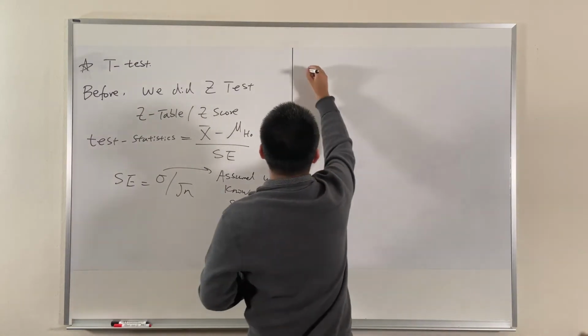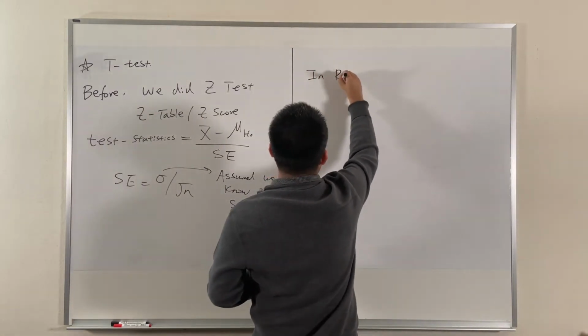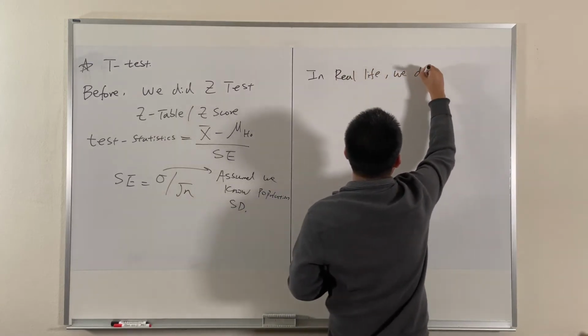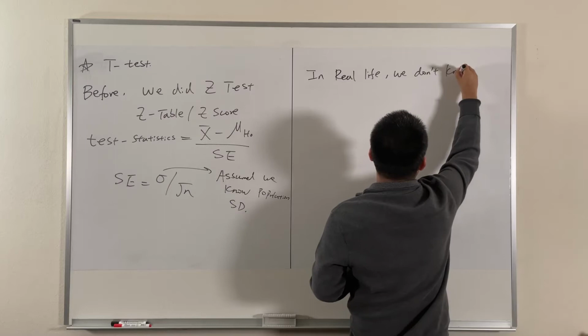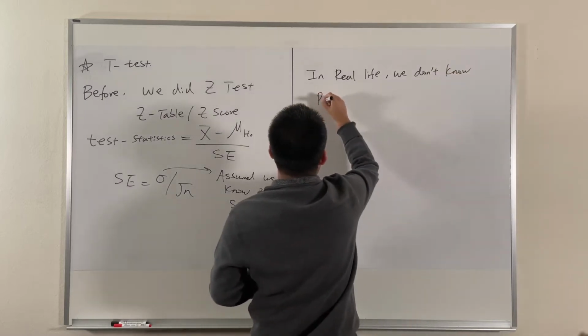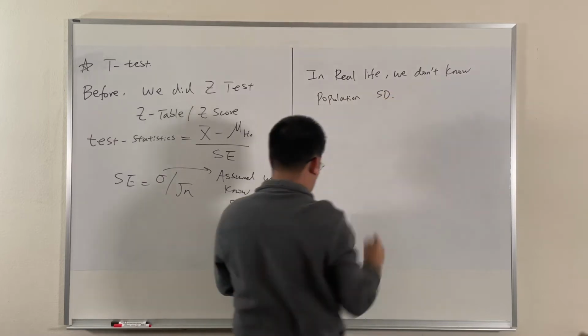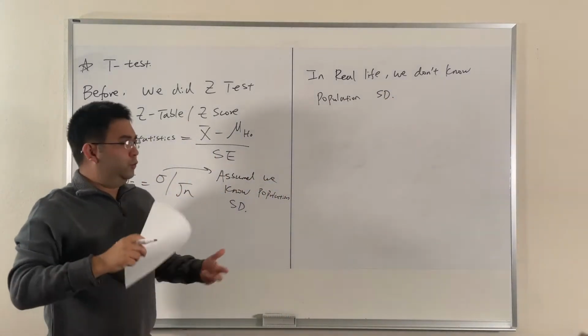In real life, we usually don't know the population standard deviation, and therefore we have to do an estimation.